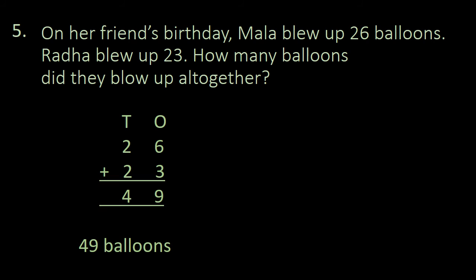Means in 26, 6 is in ones place and 2 is in tens place. Same as the other number 23, 3 is in ones place and 2 is in tens place. Now add 6 plus 3 is equal to 9. Write 9 under ones place.